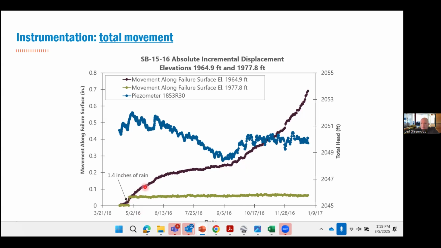So you can see it's faster rate here, slows down in here as the pore pressures come down. Then the pore pressures start going back up, and you can see the rate pick up. And then once it gets kind of to this higher level, it takes off even more. So no surprise there that there's a correlation between landslide deformation rate and pore pressure, but it's nice to confirm that with this data.